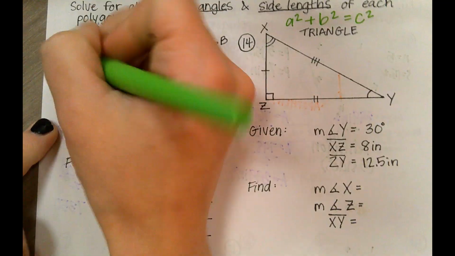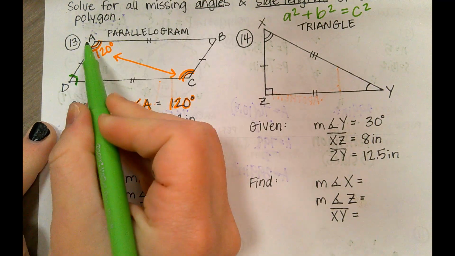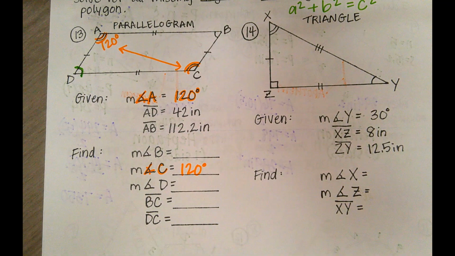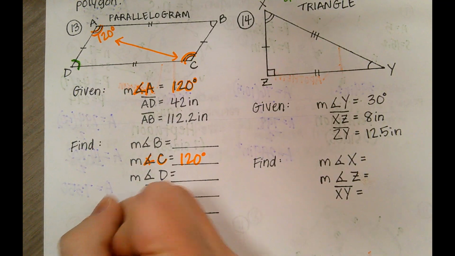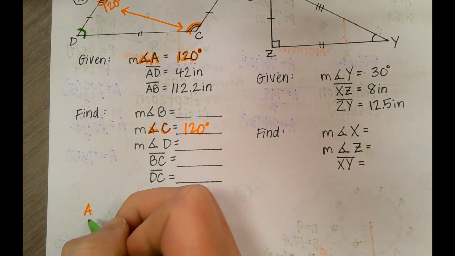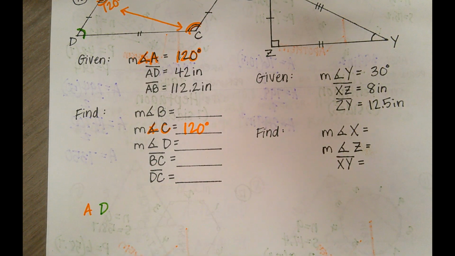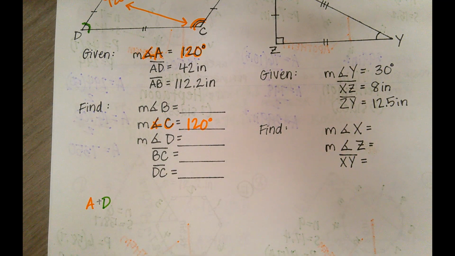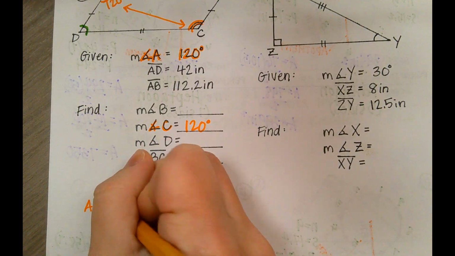D, let's do that. So I know that A and D are consecutive angles. So A plus D equals what? 180. So it would be reasonable to solve for D by just plugging in what I have for A already.